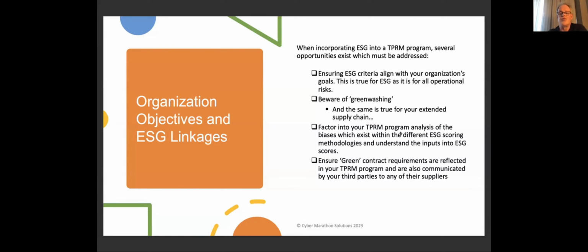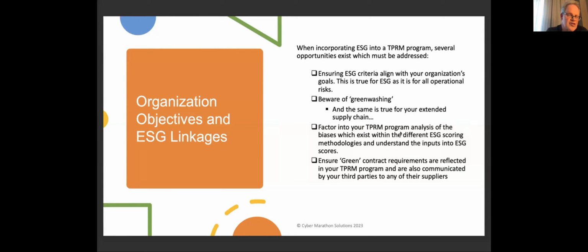So greenwashing is an important consideration when you're looking at companies in your third-party risk program and their public statements about ESG. Are they really doing things that are beneficial for the environment? Or is it just lip service and they're not actually doing it? So greenwashing is something you need to be aware of. Moving on from there, as I said, I've talked about the biases already, and you have to understand those in the scoring mechanisms.